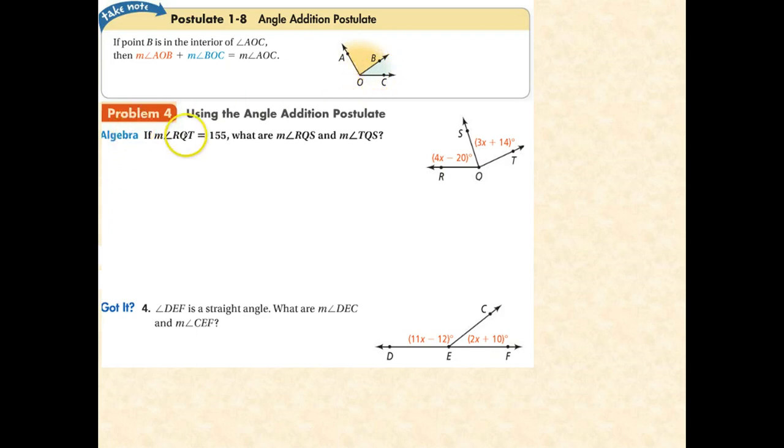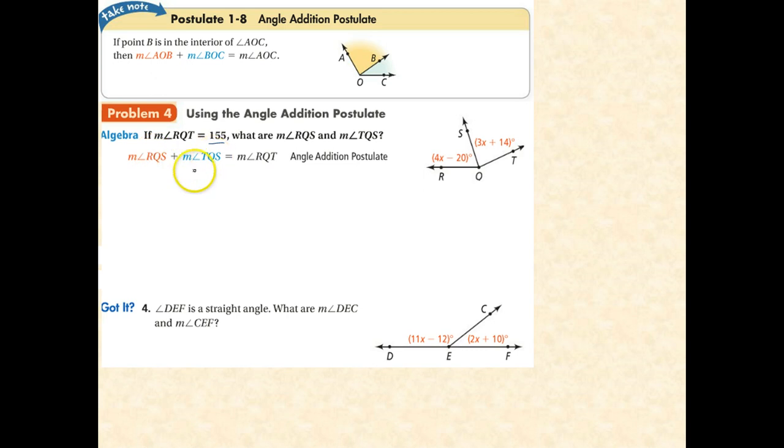Okay. If the measure of RQT is 155, what are the measures of RQS and TQS? Okay, so what I'm going to do is add these two together and set it equal to 155.